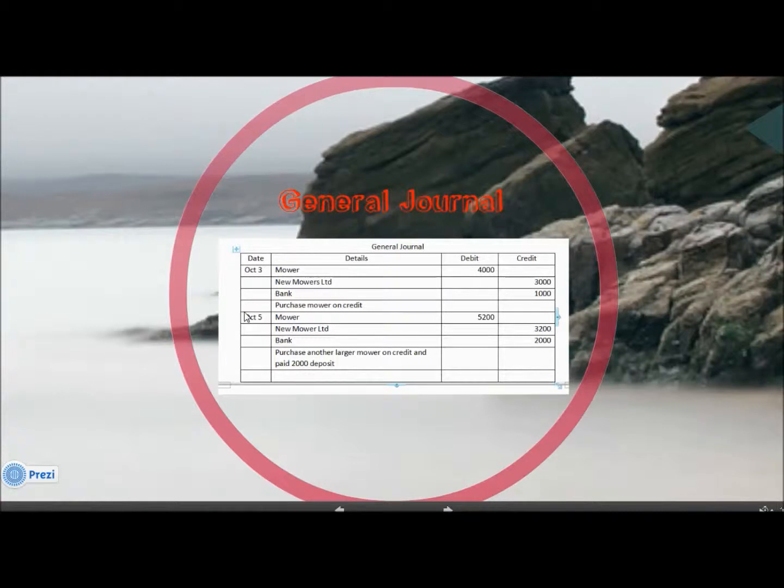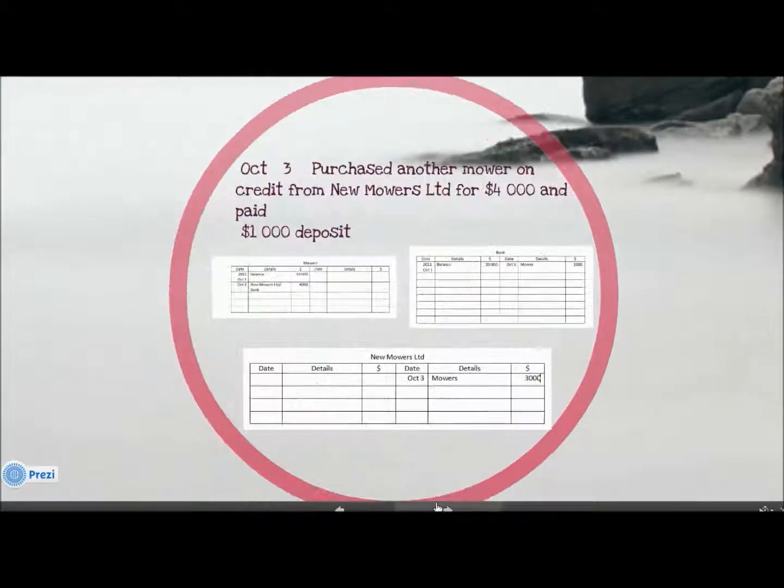October 5th is movers, new movers ltd and bank, and this is purchase another larger mover on credit and pay 2,000 deposit. The first transaction is October 3rd: purchase another mover on credit from new movers ltd for 4,000 and paid 1,000 deposit.